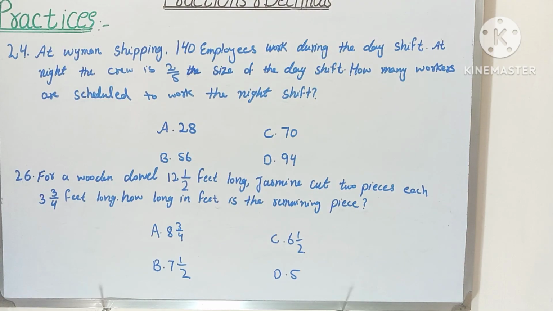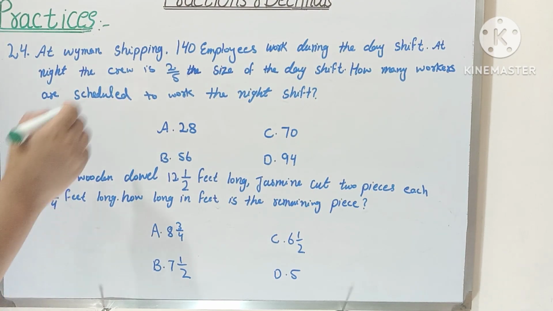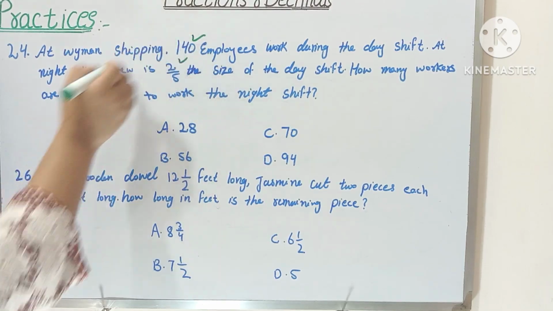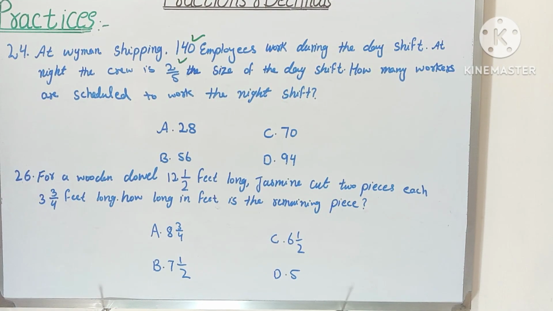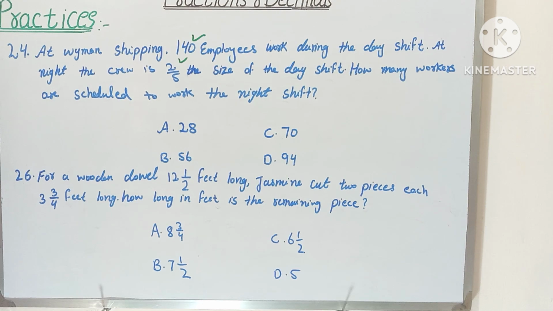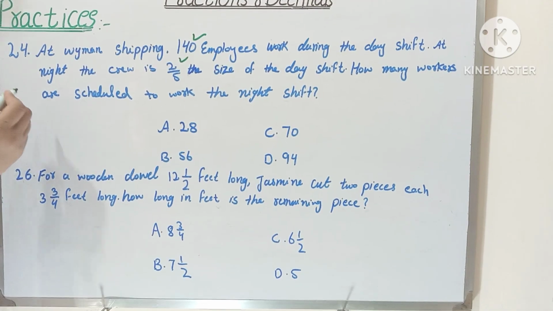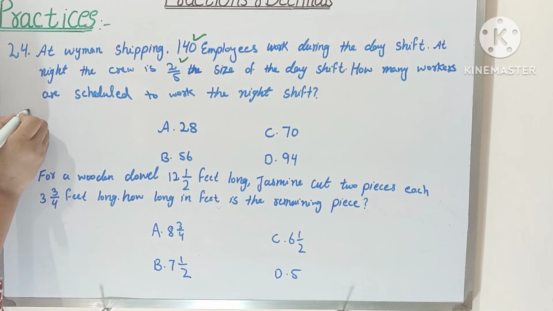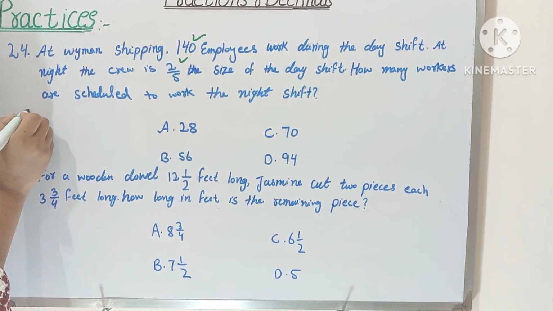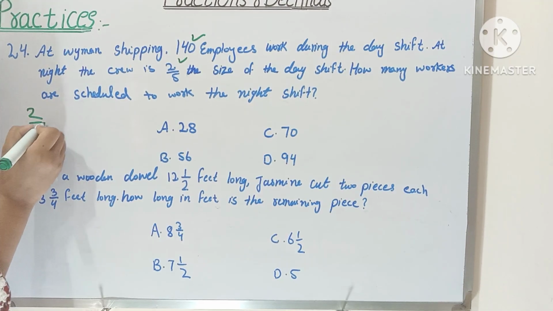So, firstly, identify the fraction of the day shift, which is 2 over 5, and 140 employees. To find the number of workers scheduled for the night shift, we need to calculate 2 over 5 of the day shift crew size. So, multiply the fraction by the total number of day shift employees.